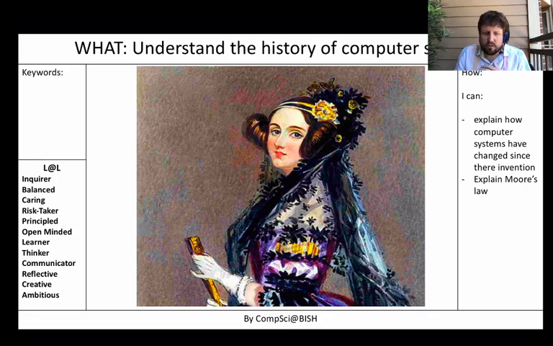If you go online, you can still see some of the programs that she wrote. She was the first person to really understand the kinds of things that we could do with these computing machines. So make sure you spend a little bit of time finding out what you can about Ada Lovelace.